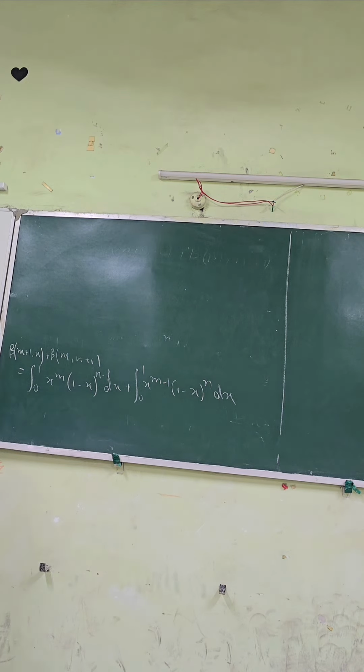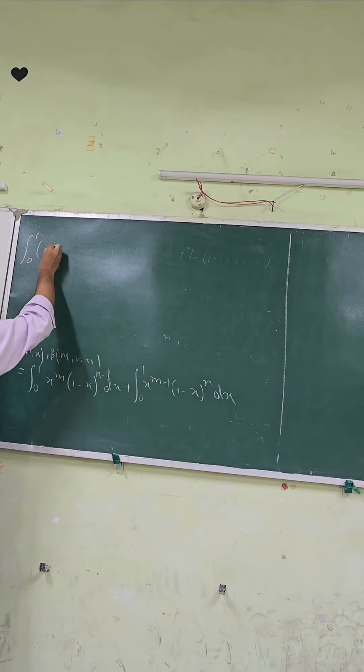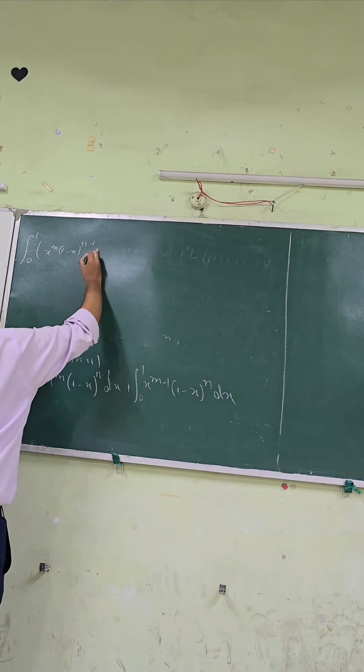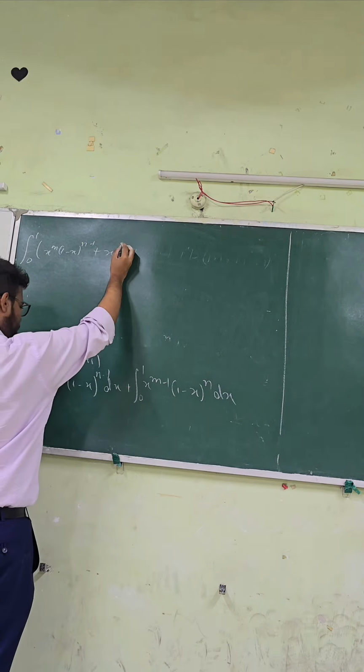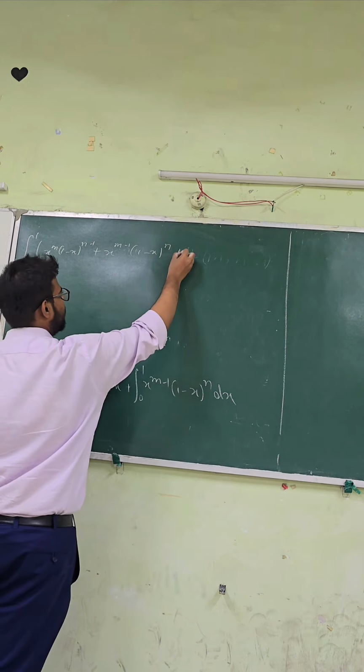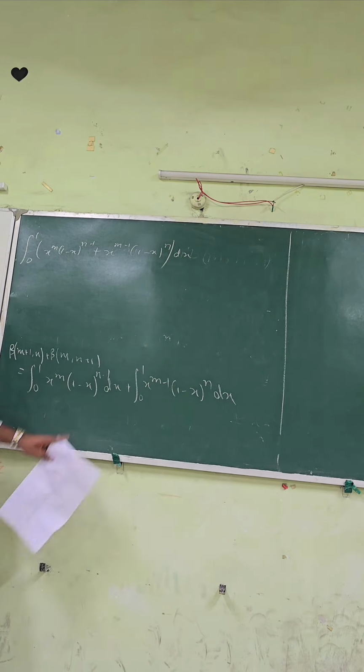You take the integral 0 to 1 outside, and make the rest another function. You get x to the power m into 1 minus x to the power n minus 1 plus x to the power m minus 1 into 1 minus x to the power n.